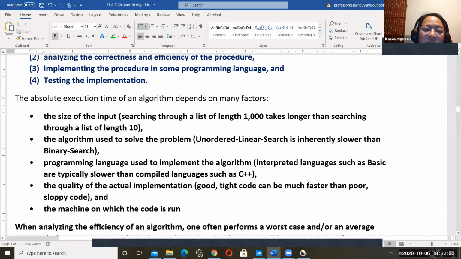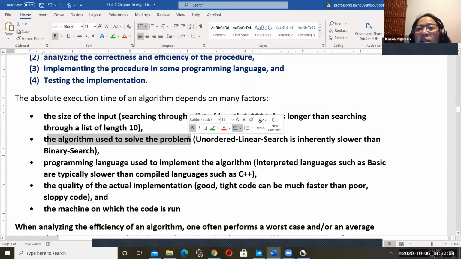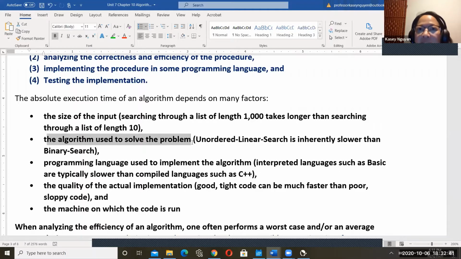The algorithm that you use to solve the problem, and this is where tech companies really evaluate your skills, right? They tell you, okay, write a search algorithm. So this is where you can say, should I do a binary search? Should I do a linear search?